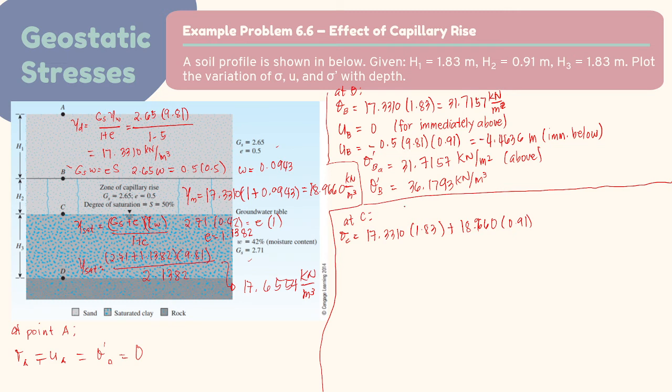So this is equal to 48.9748 kilonewton per square meter, and this is below.